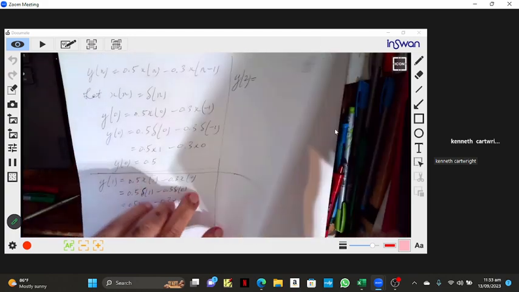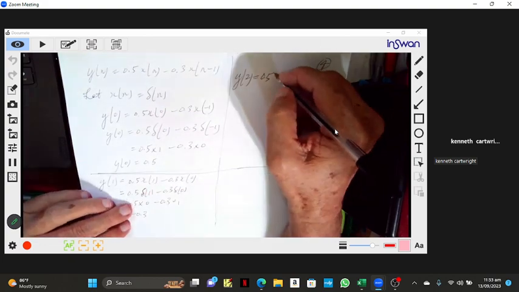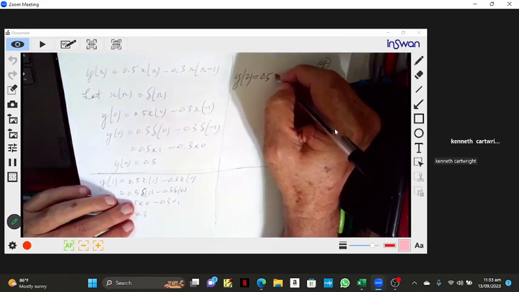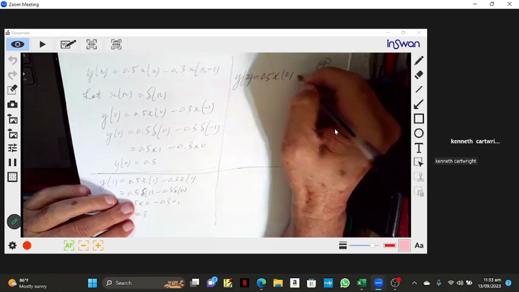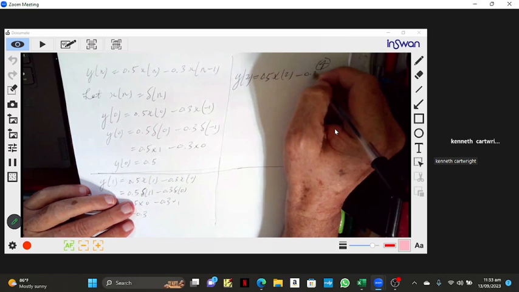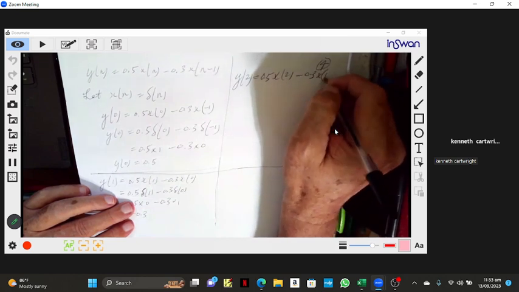y of 2 equals 0.5 x of 2 minus 0.3 x of 1.